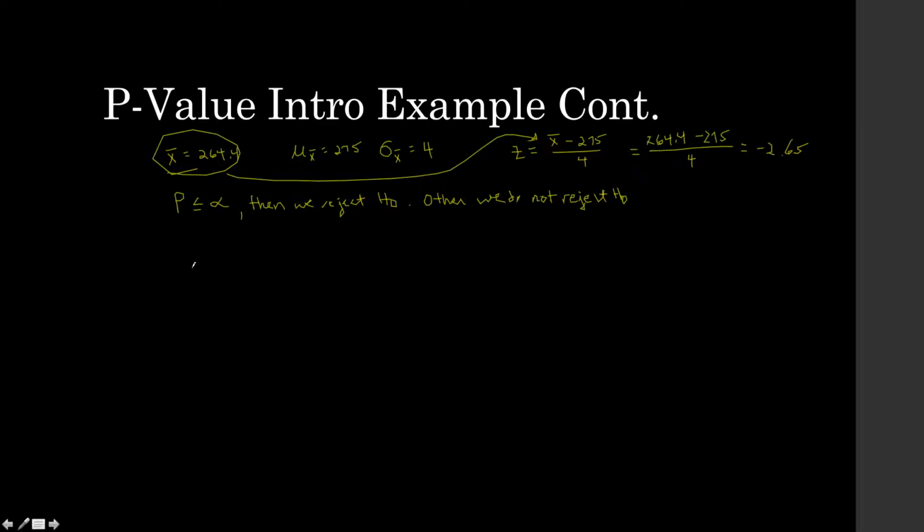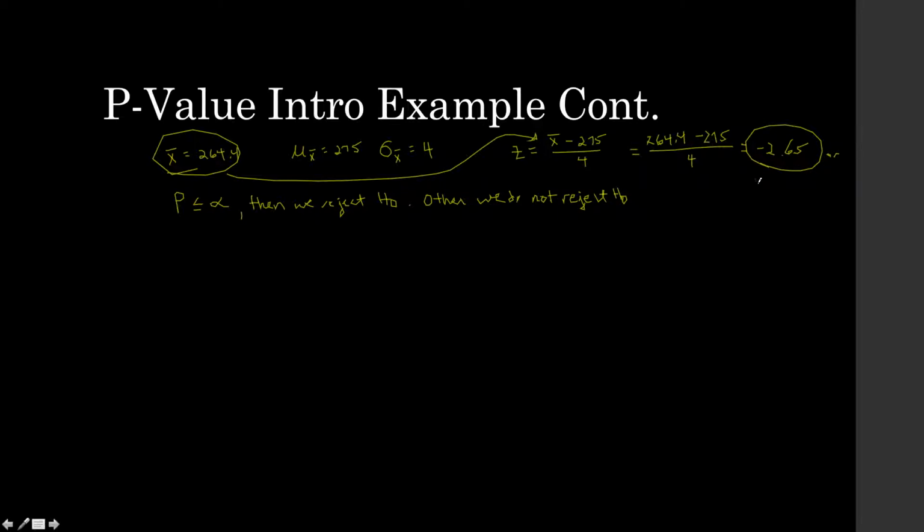What we're trying to do is find the p-value. The p-value is the probability of getting this observed value. What is the probability of observing that value or smaller, since it's a left-tailed test?